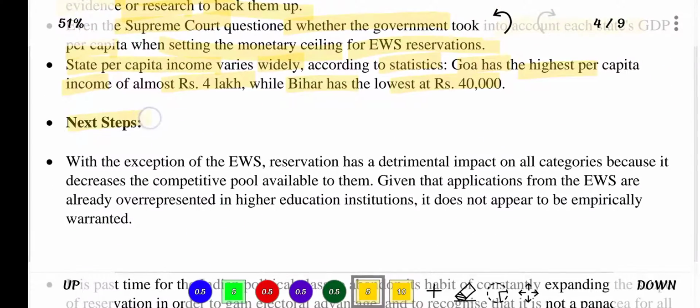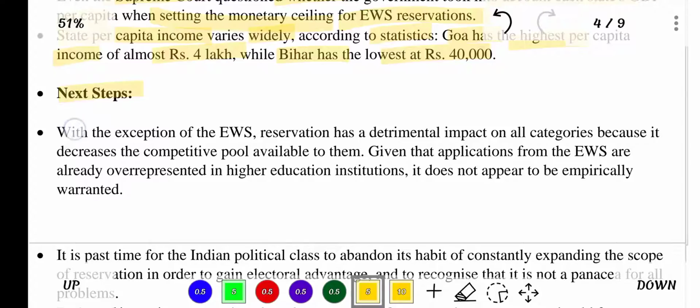So the next steps include: with the exception of the EWS, reservation has a detrimental impact on all categories because it decreases the competitive pool available to them. Given that applications from the EWS are already overrepresented in higher education institutions, it does not appear to be empirically warranted.